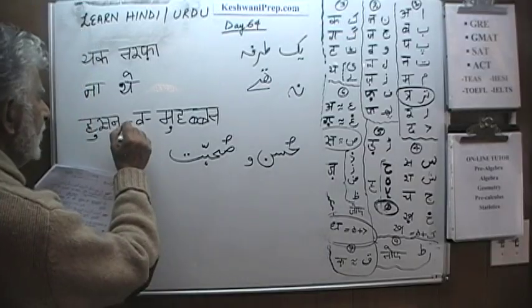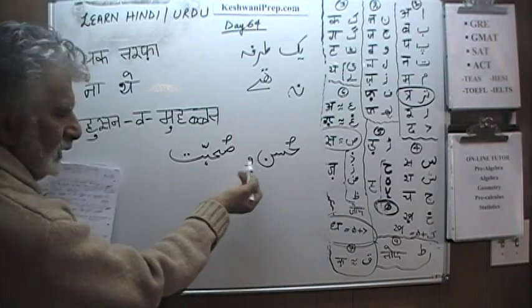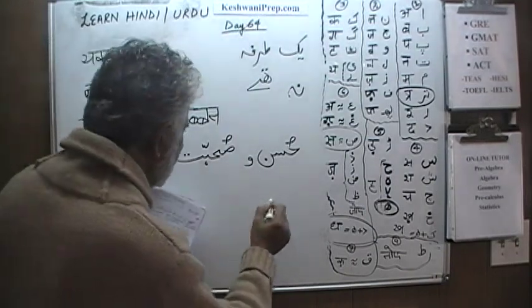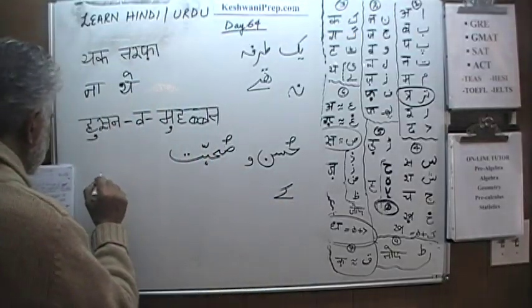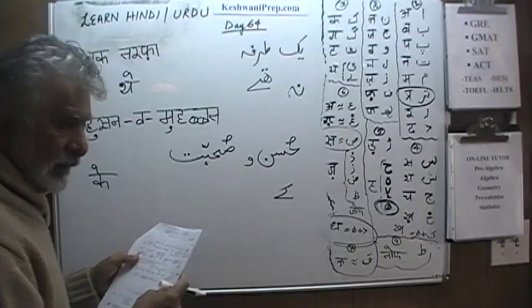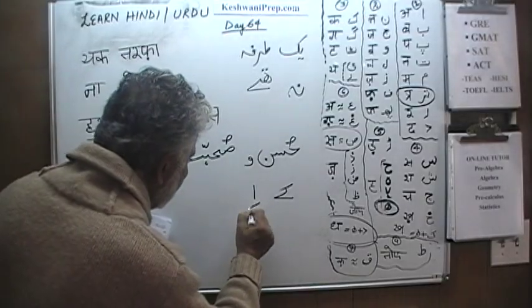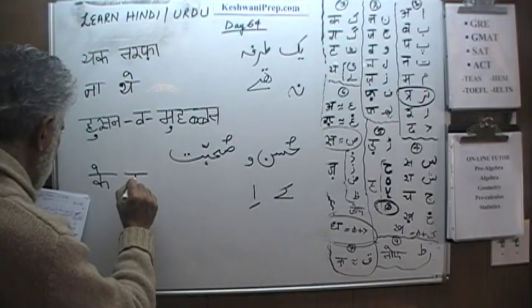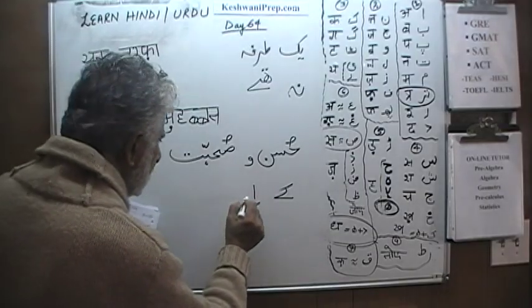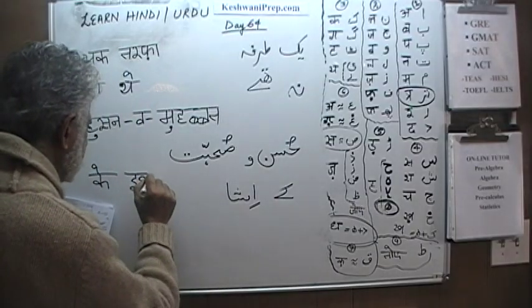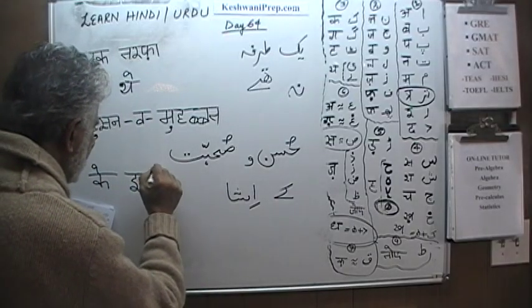In Hindi you would put the dash, but in Urdu we do not. It's just wa, it means and. Husn wa mohabbat ke ishare. Choti i ki matra, sha, and then re.